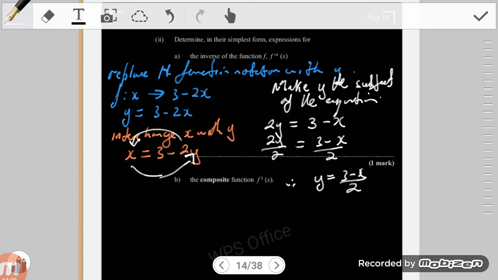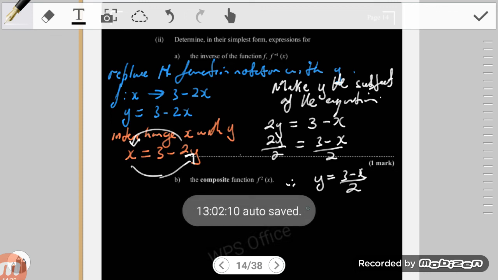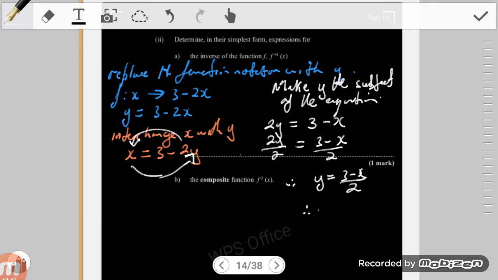Once you have gotten y to be your subject of the equation, then you've basically found the inverse. Alright, so I always like to tell a student that they should make the conclusion that therefore f inverse x, which is what they ask us for, is equal to 3 minus x divided by 2.